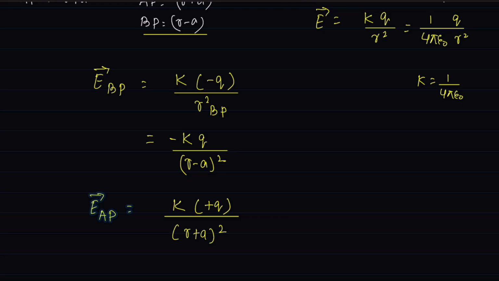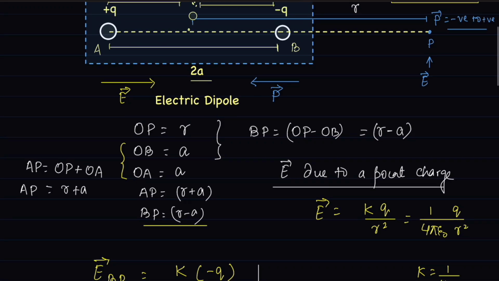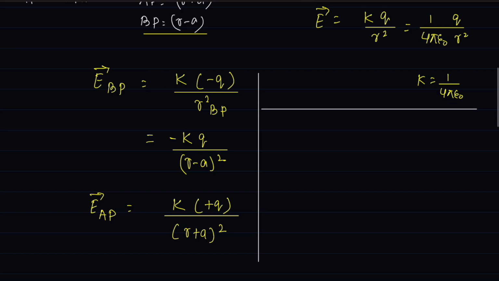Based on this, the net electric field acting at point P is the addition of the electric fields due to B and due to A. So total electric field is equal to the electric field due to B plus the electric field due to A.